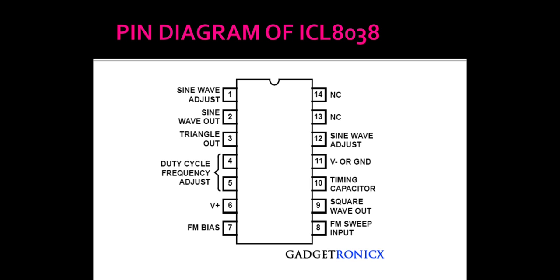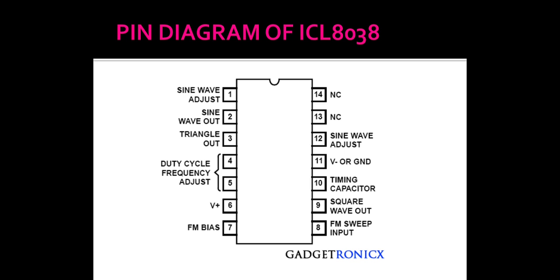And here we have FM bias and FM sweep input. At the FM sweep input, we have to apply a voltage. By applying that voltage, the frequency of the output is maintained constant. That is the purpose of the sweep input.